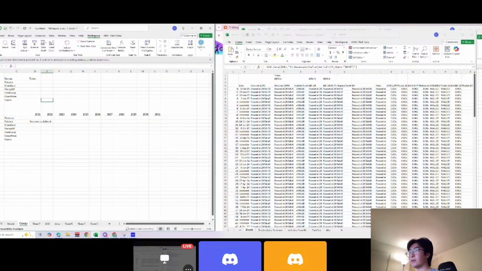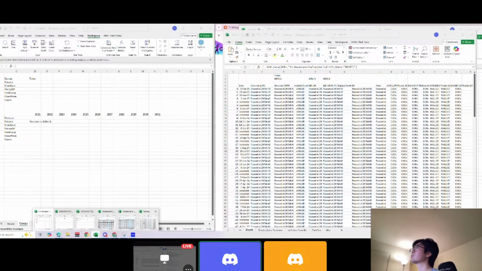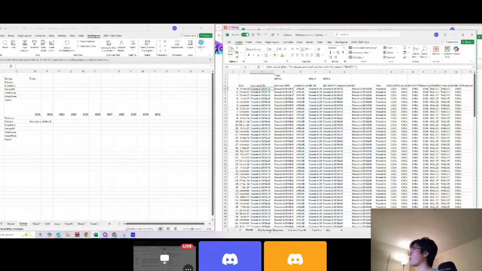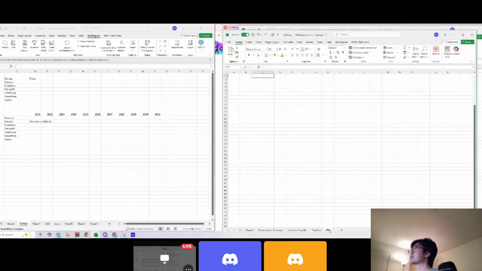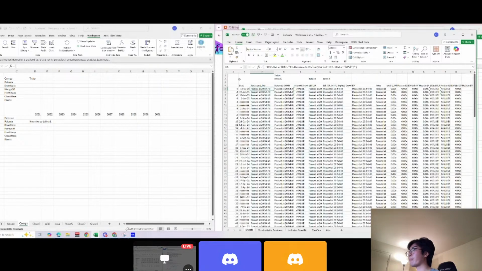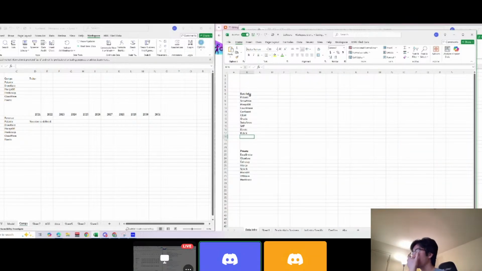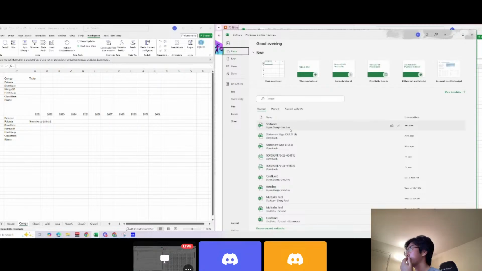Okay, I have to find data infra, Couchbase. Okay, C3, rubric.